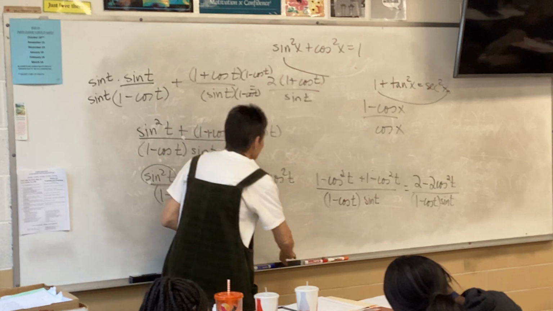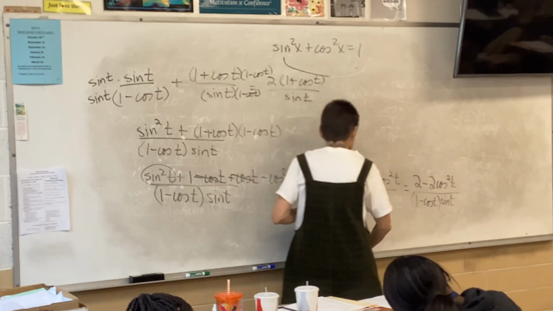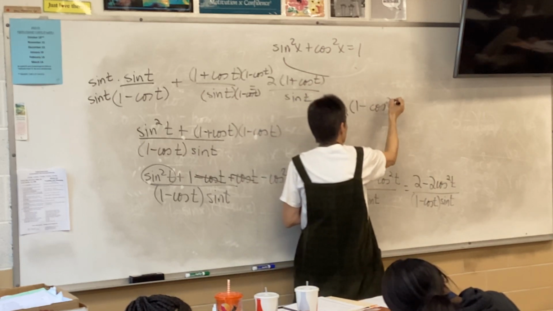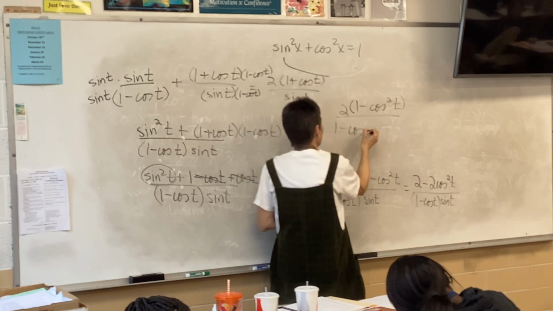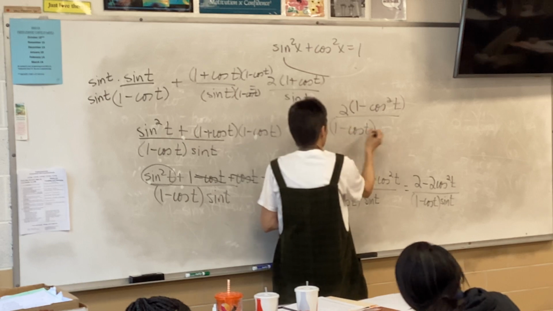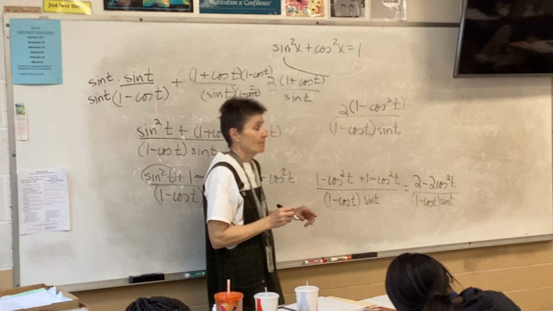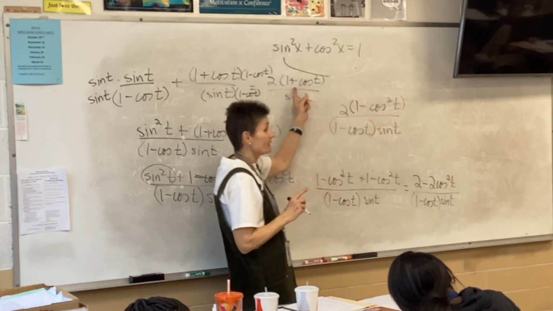Can I do anything to the top of that? Take out a 2. And can I do anything with 1 minus cosine squared? Well, that equals sine squared, but I don't want to go there because I want to end up with this.